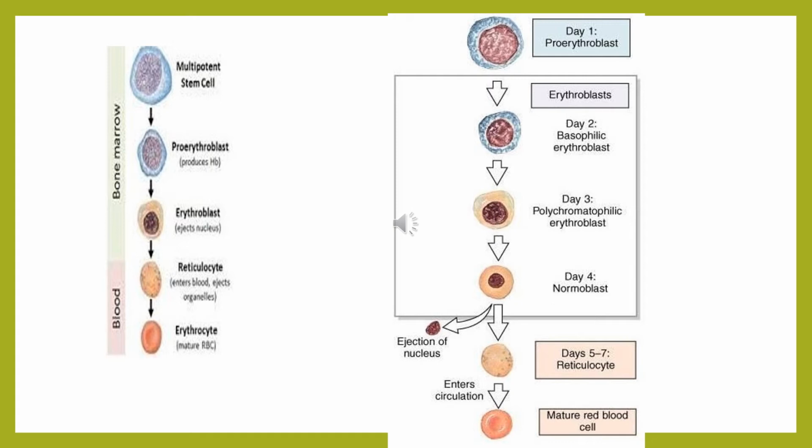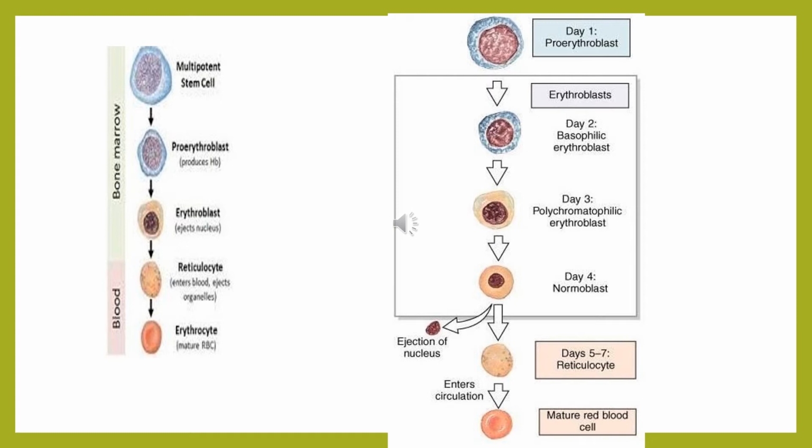Then from the bone marrow, the erythroblast, after removal of the nucleus, gets converted into reticulocytes. It enters into the blood, and in the blood, the reticulocyte also ejects some organelles, and then finally the reticulocyte gets converted into the mature erythrocyte, which is also called an RBC.